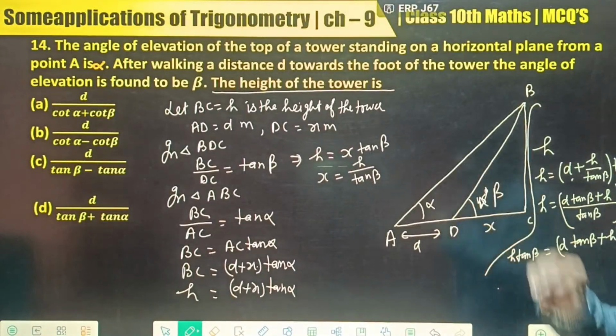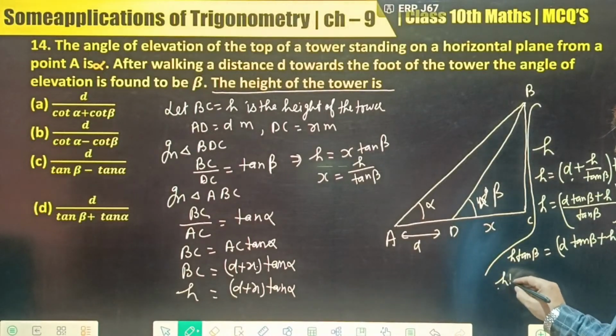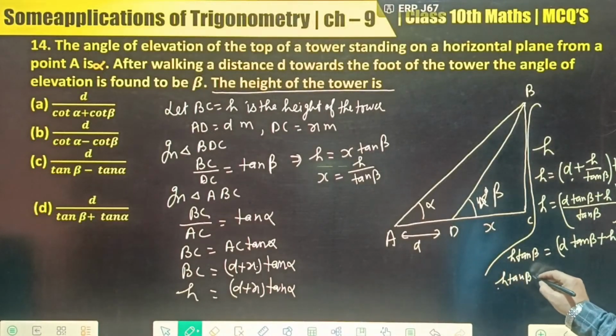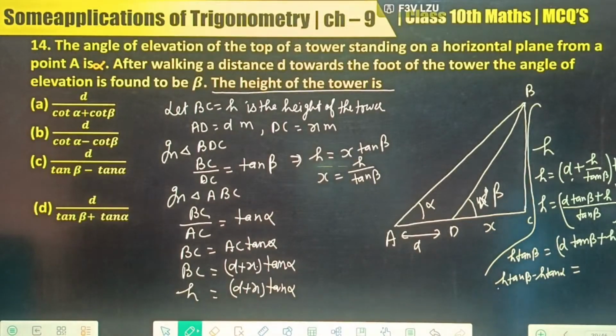It becomes H tangent beta minus H tangent alpha equals D tangent alpha tangent beta.